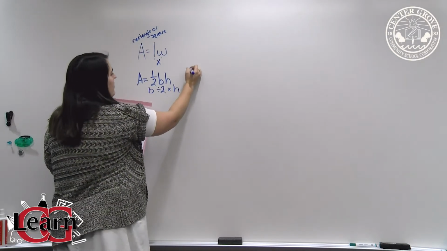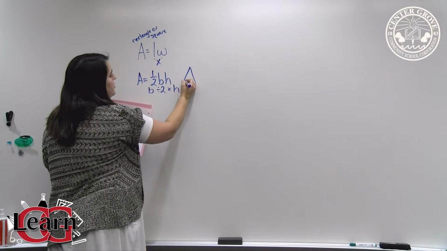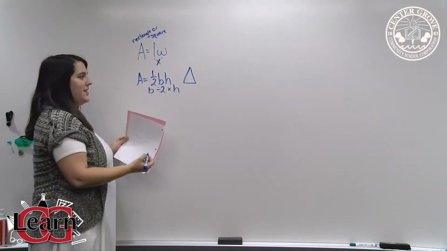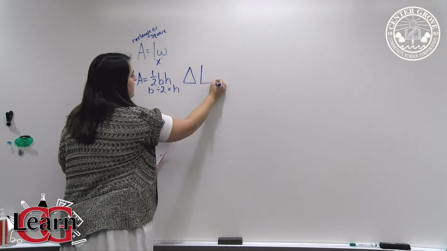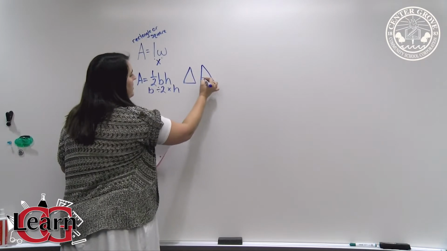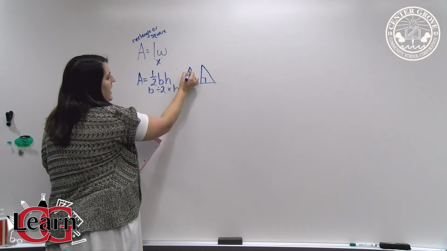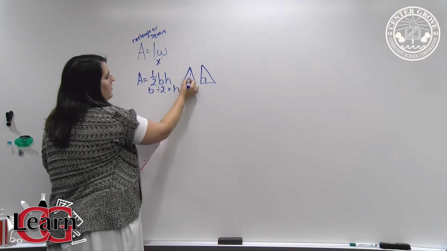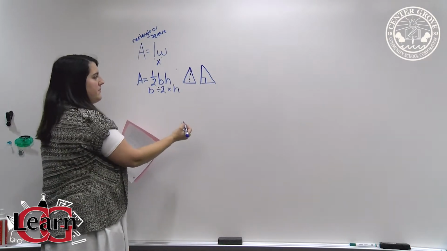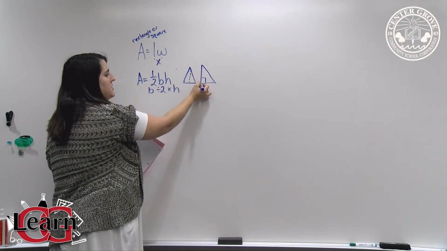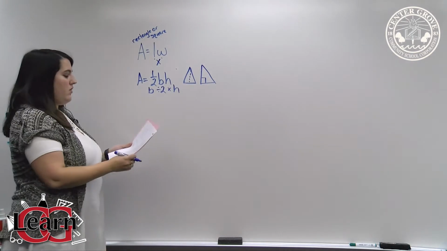And on a triangle, we actually don't use the sides unless it is a right triangle, because our height always goes straight up and down. So our height in our triangle is from tip top to bottom, depending on the type of triangle.